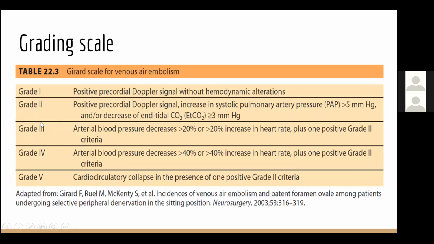What we can see or appreciate in the theater, we can start detecting when the patient is having grade 3: arterial blood pressure decreases by more than 20%, or more than 20% increase in heart rate, or plus one of these symptoms, end-tidal CO2 change of more than 3 millimeters of mercury. And grade 5 is complete cardiac collapse. So it's difficult for us to do grading within the theater as we don't have all the gadgets to detect it.